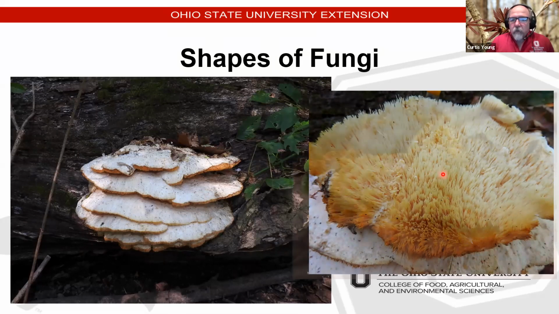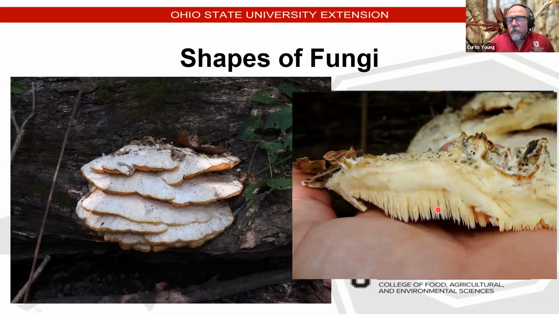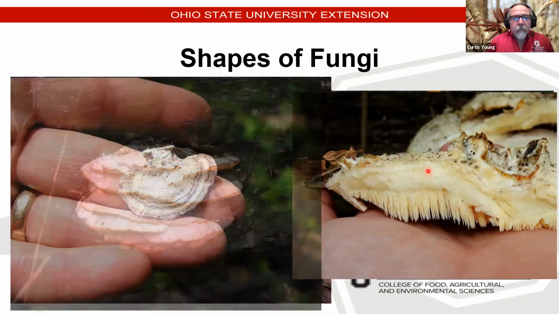It almost looks like a brush from the side, an easily identified one because of those teeth sticking down, and thus the name, the northern toothed polypore. And it's from these teeth that the spores are produced in this specimen. It is an annual type of fungus, and so the tissues are relatively soft on that one, although it's not considered an edible fungus. So it's just more of a curiosity of nature than anything.